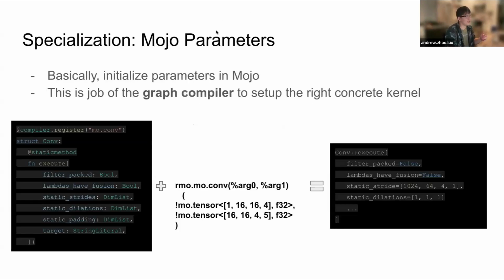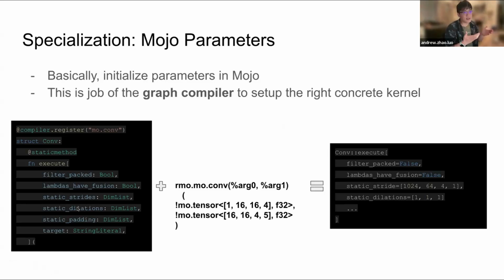First off, the idea behind specialization is really simple. If you draw the analogy to Mojo, what does it mean? Quite literally, within the kernel library, we have methods which have parameters in them, such as, in this case, the convolution operator, which is parameterized on static strides. Presumably, it's parameterized on static strides because there's some optimization in the kernel that can use this information to make a better kernel, right?